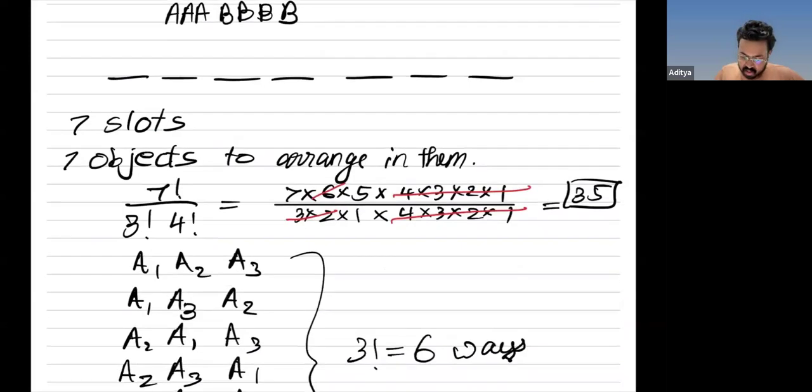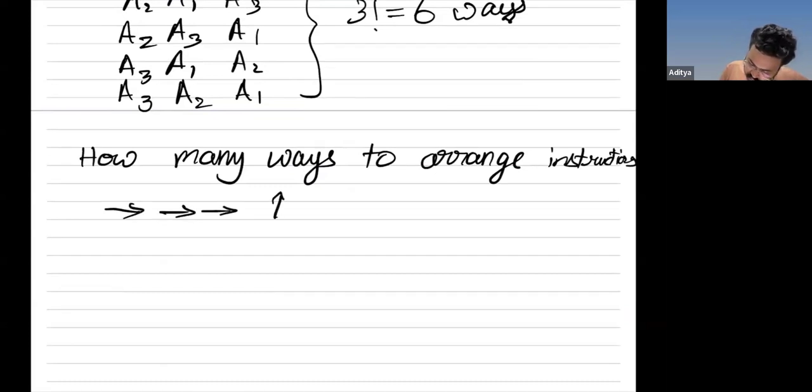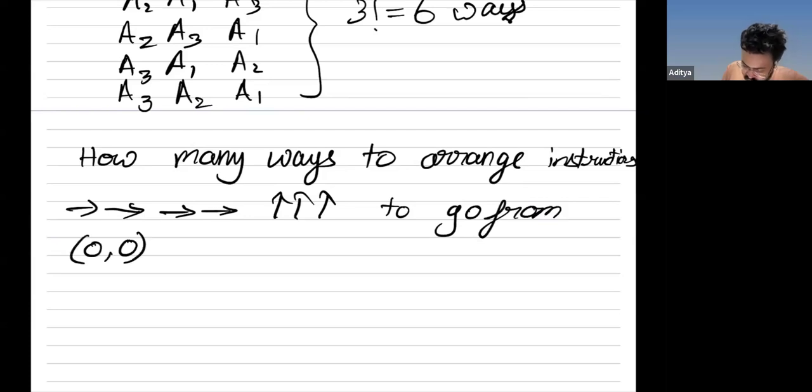Is that making sense? So I'll reword. How many ways to arrange instructions to go from 0 comma 0 to 4 comma 3 horizontally?